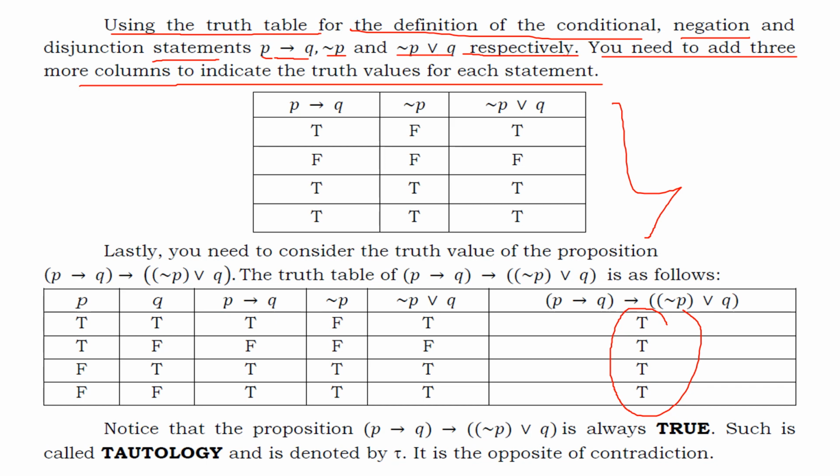Why are these 4 true statements or true propositions at the end? In this case, once we apply your conditional, the involvement of this one will be our concern for this last column here.